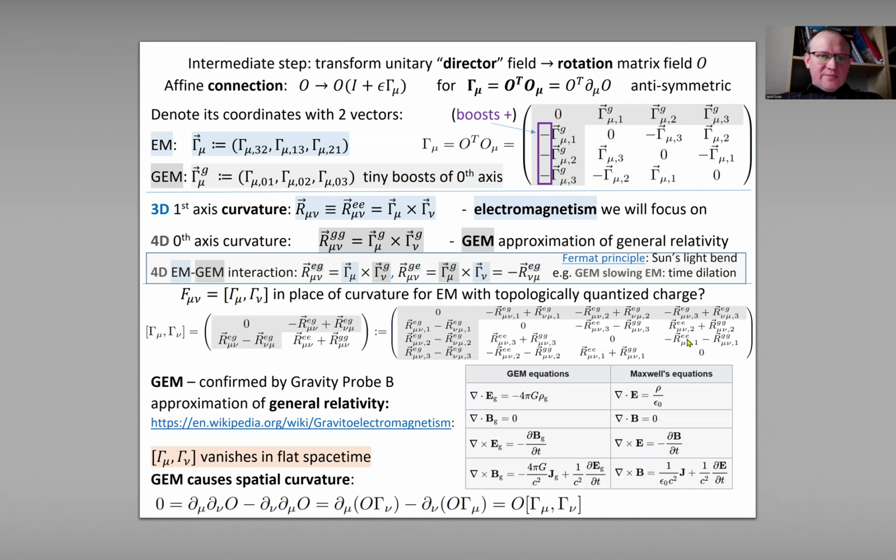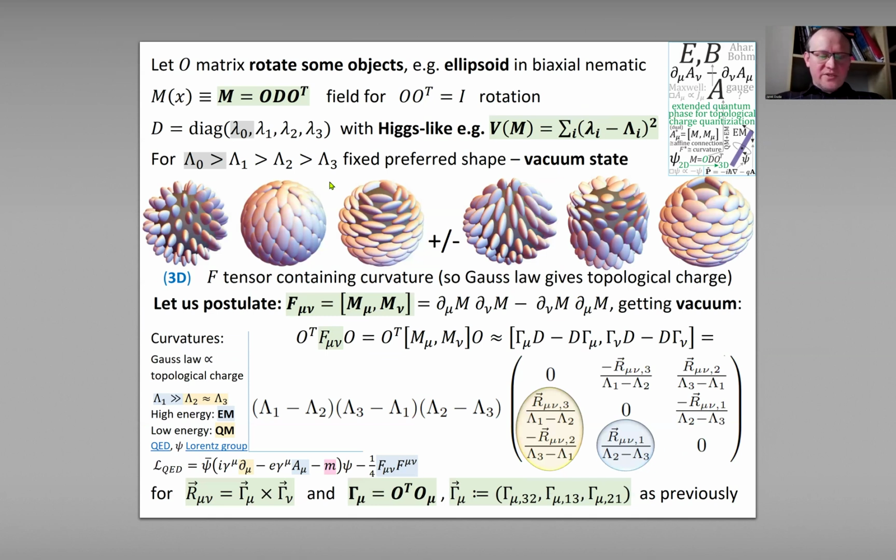Okay, so here is some correspondence with gravity-electromagnetism. Let me briefly go through this slide. So the shapes: the particle, antiparticle. Then here is this uniaxial nematic as the special case.